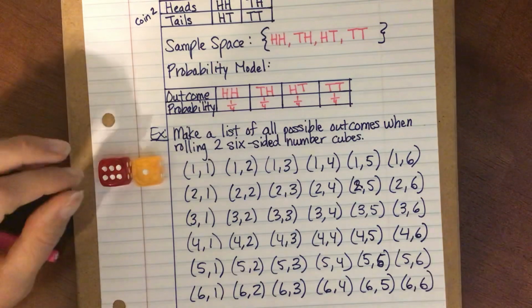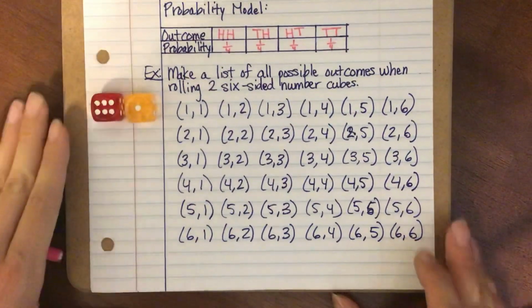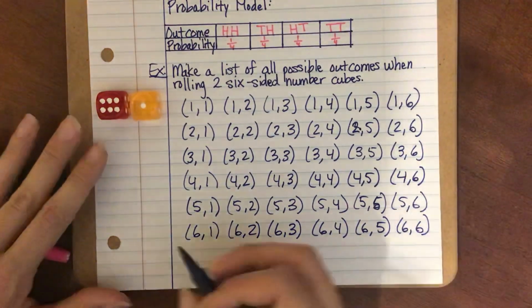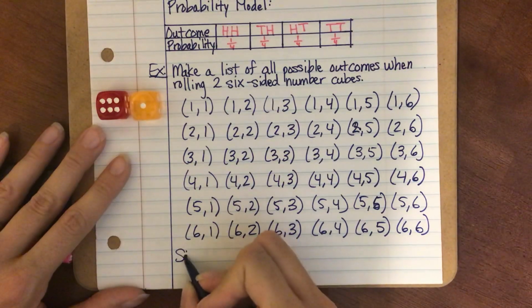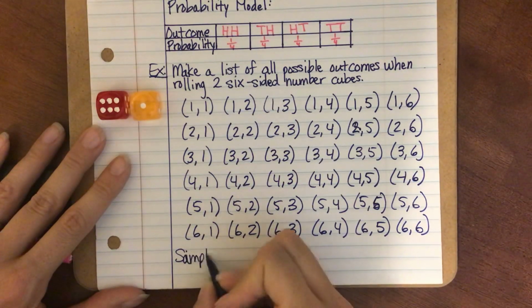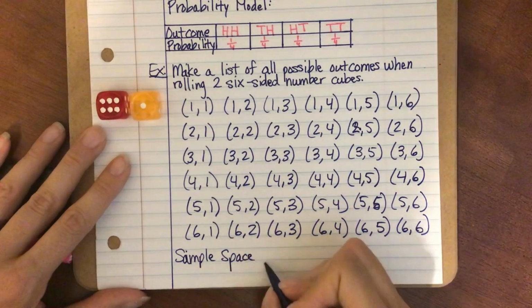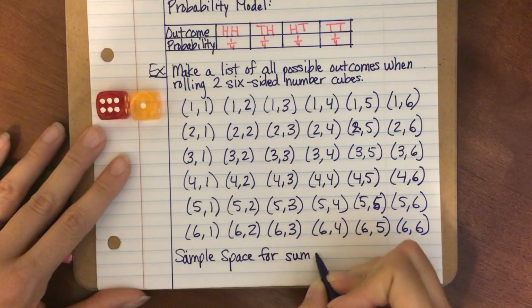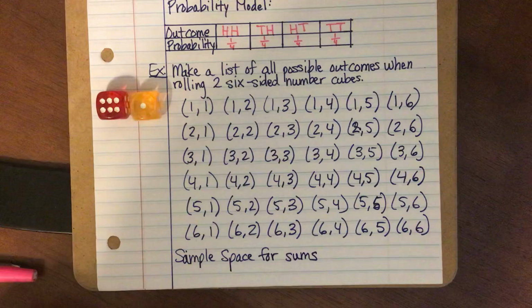My apologies. Okay, so now let's say that we want to write a sample space for the sums of those numbers. Okay, that's not the same as the sample space that we did above. So let me talk to you about it. And I'm actually going to kind of color code it a little bit too.